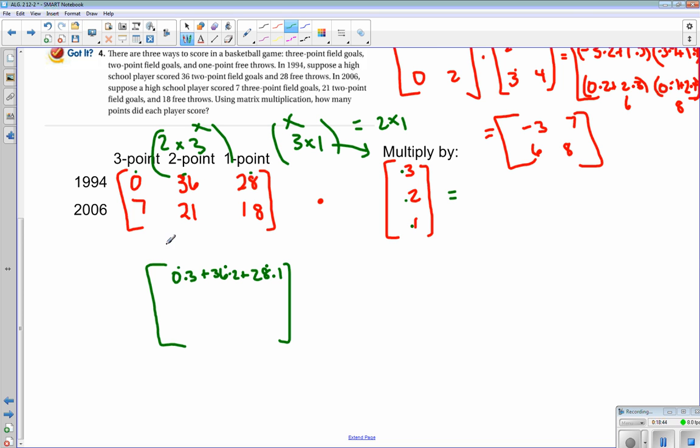And then we drop down and do the same thing with this guy. 7 times 3 plus 21 times 2 plus 18 times 1. When we add those all together, we get 100 points for our 1994 player and 81 for our 2006 player.